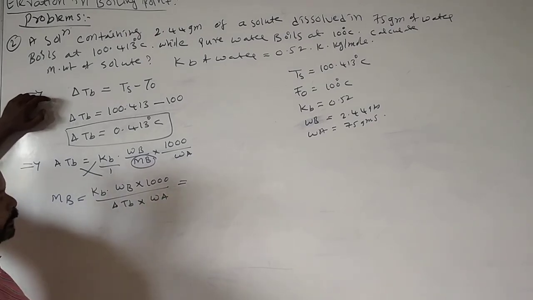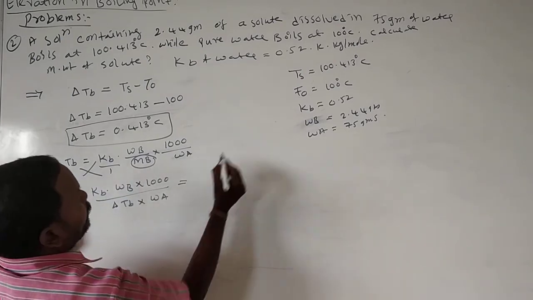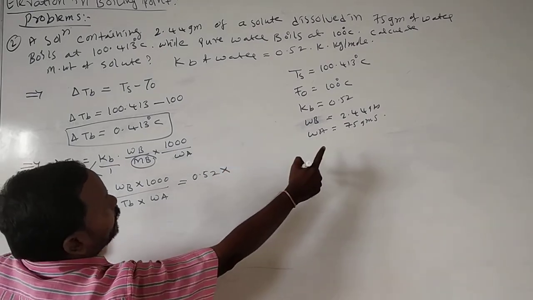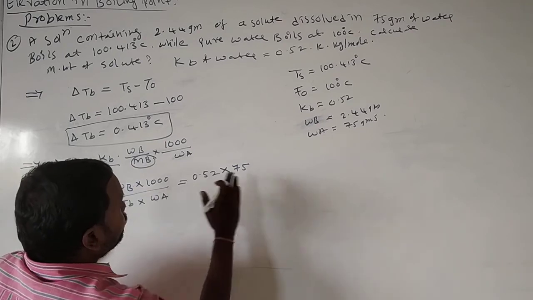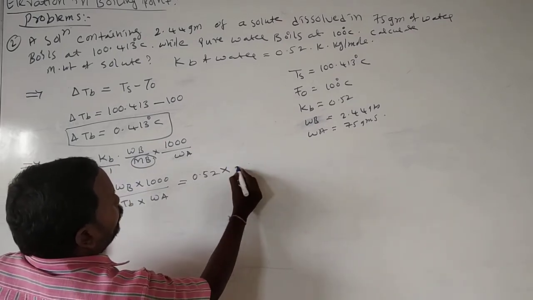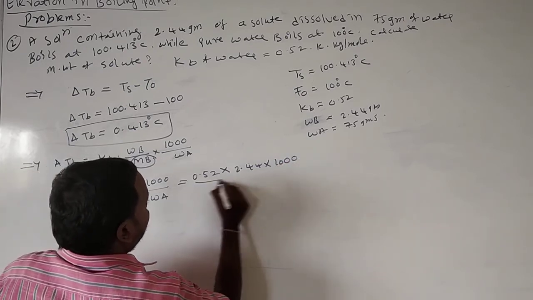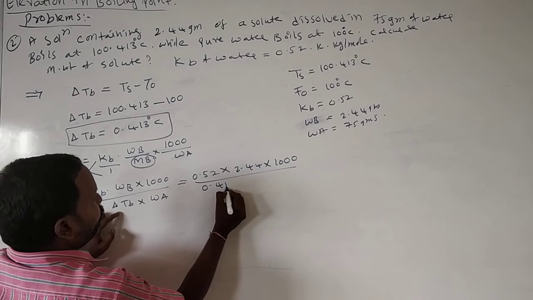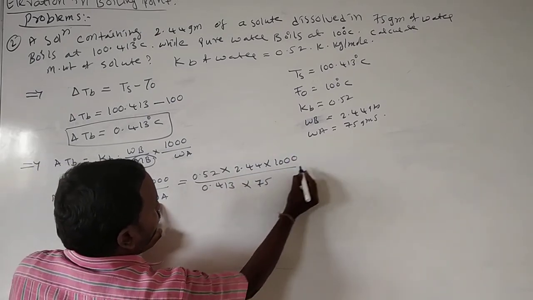Here Kb is 0.52, Wb is 2.44 grams, into 1000 by delta Tb 0.413 into Wa 75 grams.